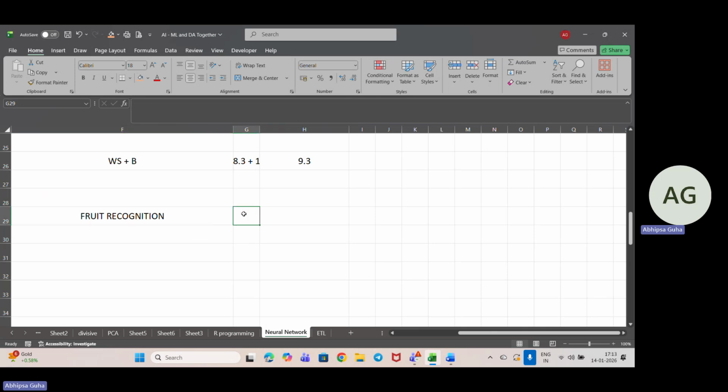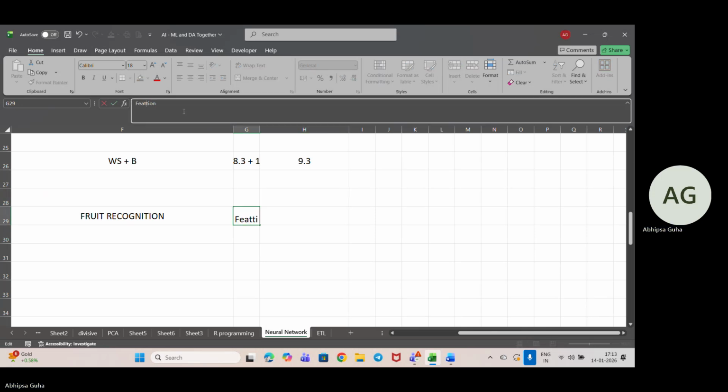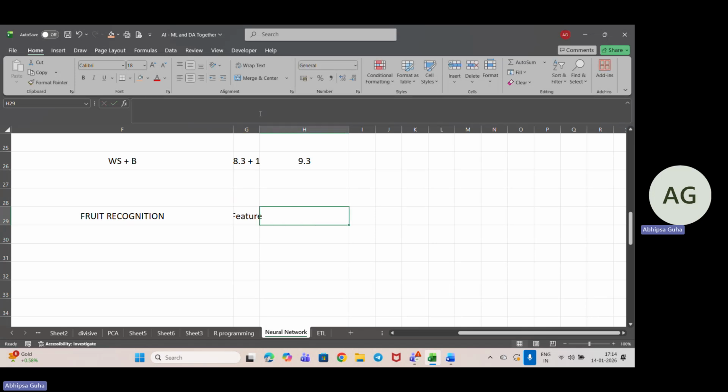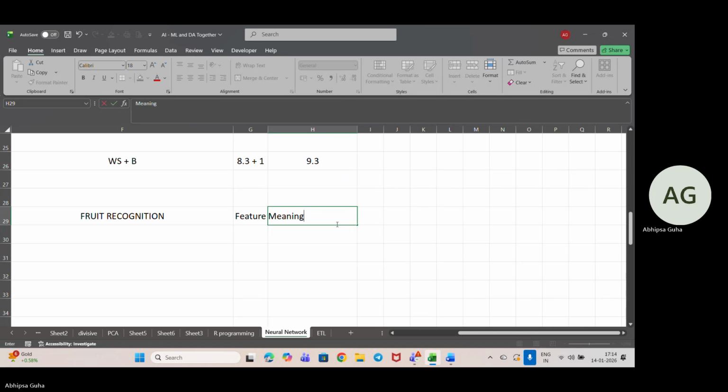So what I'll have is features. Basically, here I need to go with feature, next we will go down to meaning, next I'll go down to value. Okay, so this is how it will work.